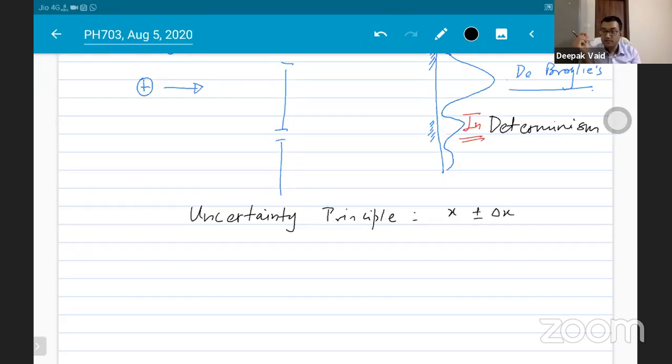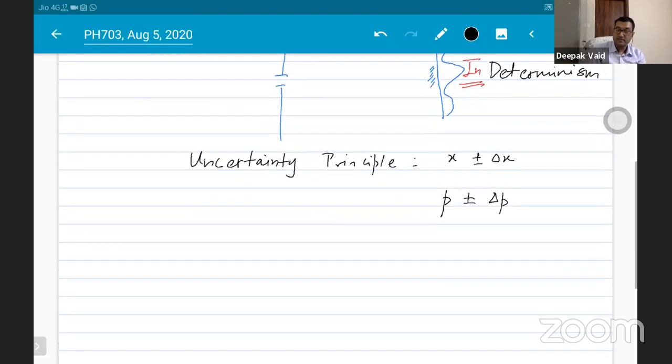You say that the position is x plus minus some error delta x. And if you measure the momentum of the particle, you measure it as momentum plus minus delta p. And what did Heisenberg show? If you take the product of these two, delta x times delta p, this product will always be greater than or equal to h by 4 pi.